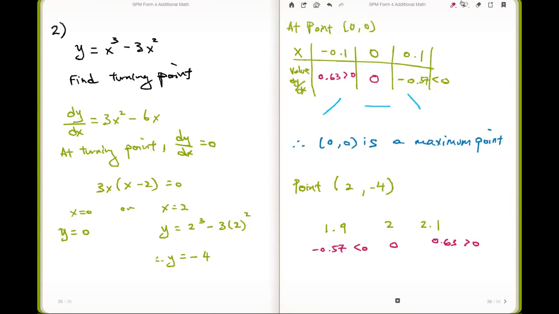The sign goes down, to 0 at the turning point, then up, which is what the tangent lines at this point mean. Therefore the point (2, negative 4) is the minimum point.